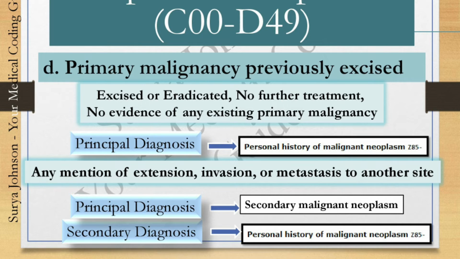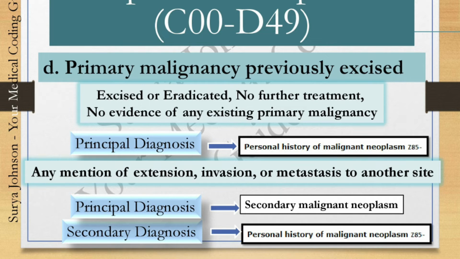In this scenario, you will code the principal diagnosis as personal history of malignant neoplasm, Z85 series. It means the patient had a history of malignant neoplasm, and right now the patient does not have that malignant neoplasm. So, it becomes a patient's personal history, Z85 series.